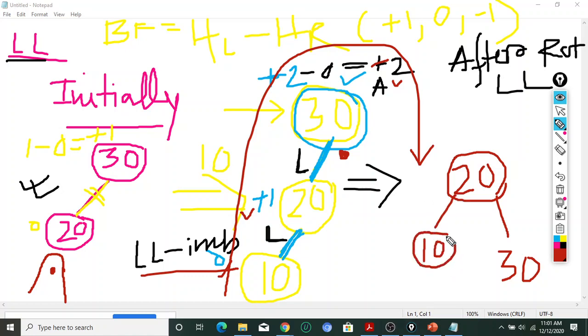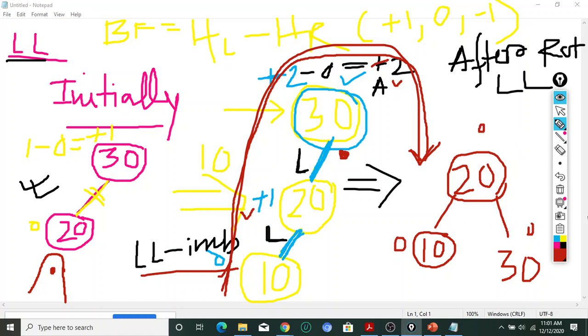So that is the ultimate rotation, okay. Try to understand this rotation. When LL imbalance occurs, we will perform the right rotation. So this is right rotation. If you rotate this clockwise, what do you get? Right rotation, okay. So look here, if I check the balance factor of each node, right now this is 0, this is 0, and 0, 1, minus 1 is also 0.